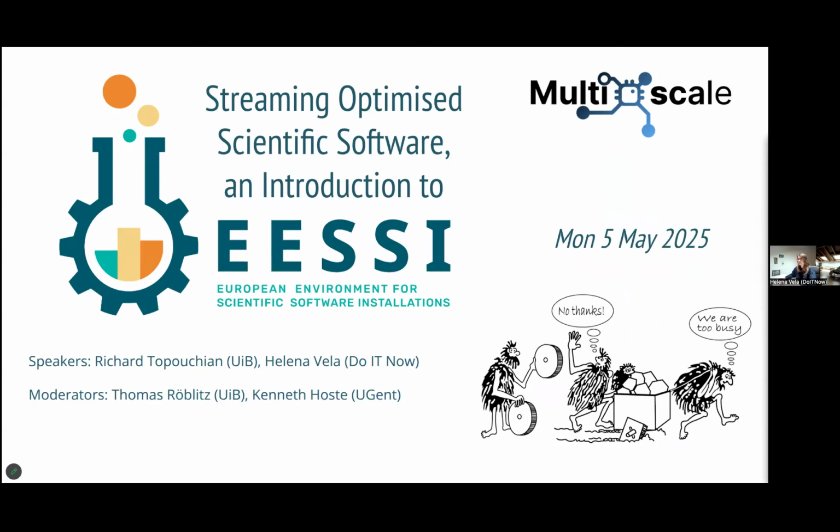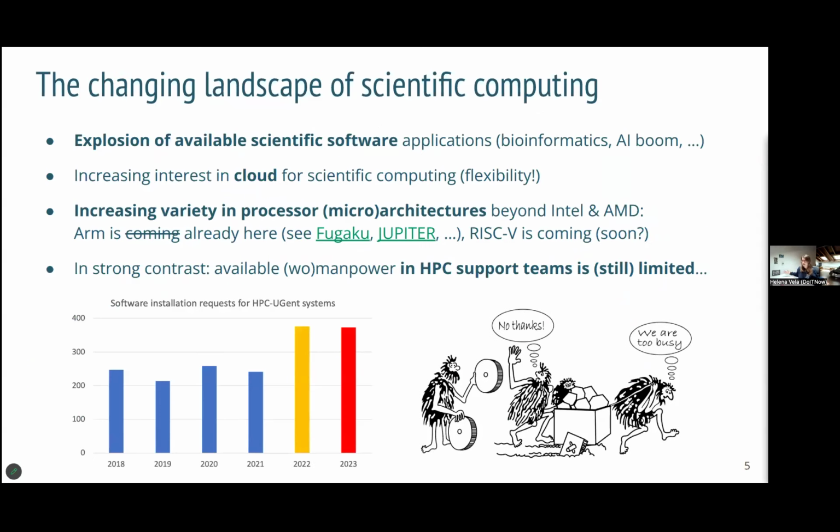So let's go. Why are we doing this? I'm sure you know that scientific software is already a massive ecosystem and it just keeps growing: bioinformatics, physics, AI, earth sciences, engineering, and so on. And to top it off, scientists have to run their codes on a variety of systems. Lately, there's a tendency to go to the cloud for more flexibility, but on on-prem clusters there are quite heterogeneous architectures, with Intel, AMD, ARM, and RISC-V hopefully soon.